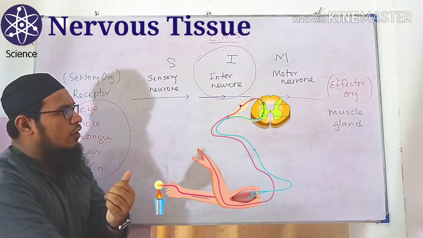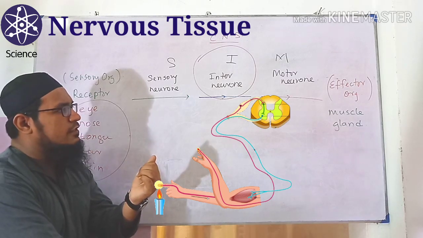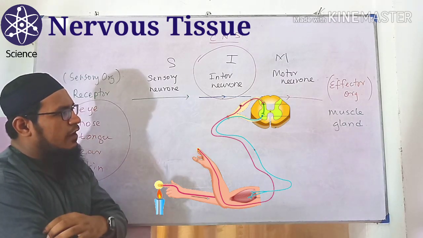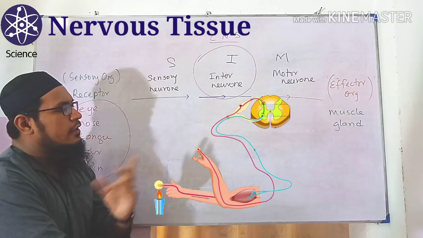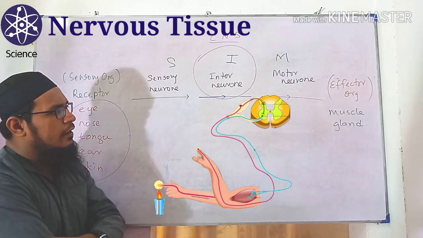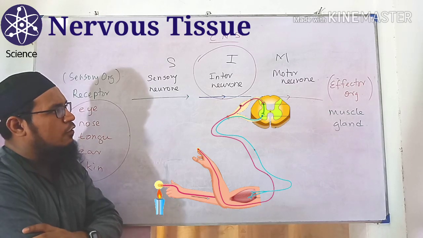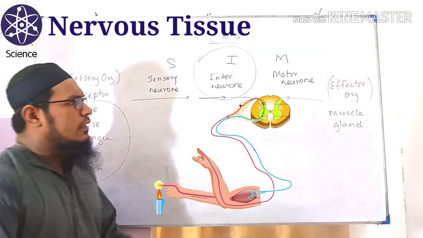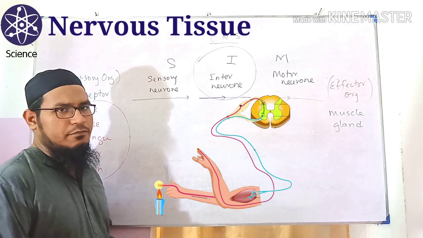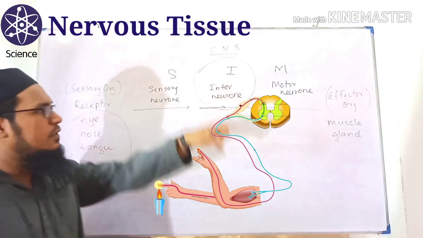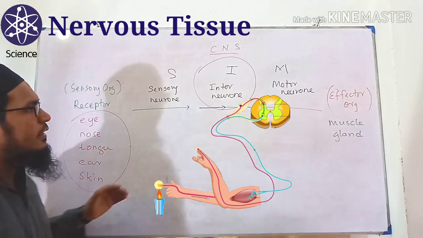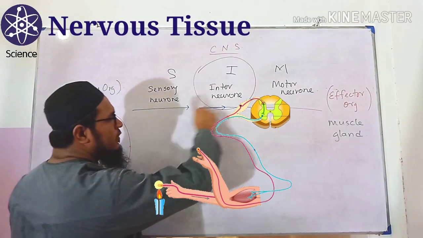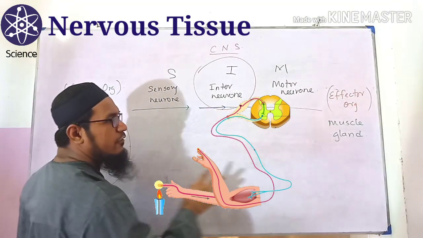So the motor neuron from the central nervous system is finally attached to the muscles of the hand. It comes to the muscles of the hand and the final output is that the hand is taken away from the flame. This whole system is called the reflex arc. This also we will be learning later, but for now remember this whole system is called the reflex arc.